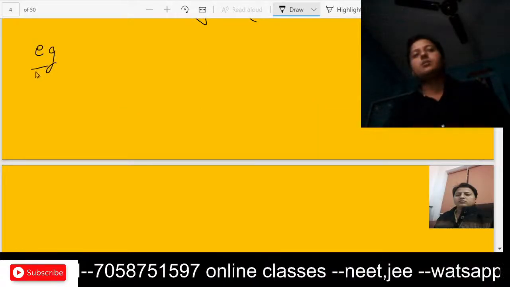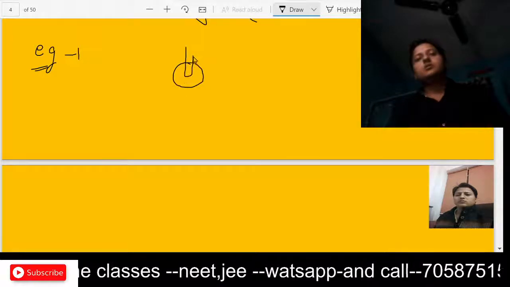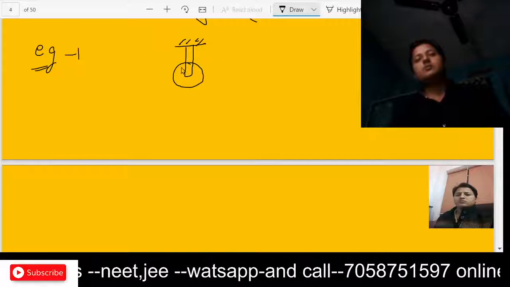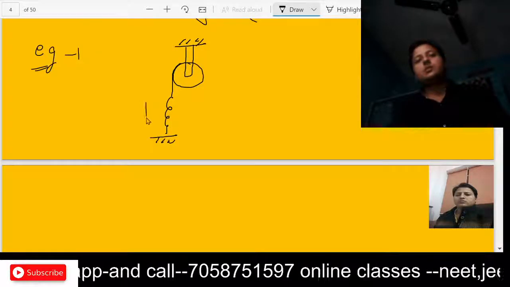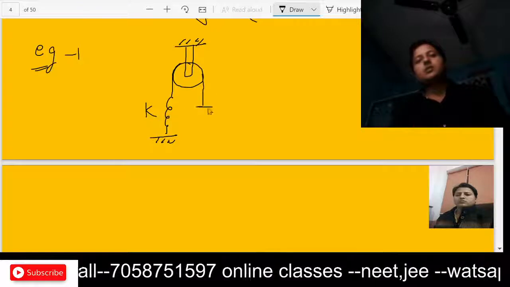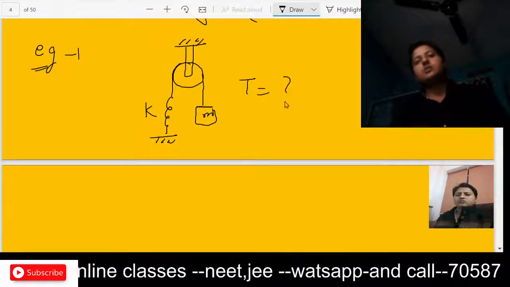Suppose in example 1 there is a pulley clamp and there is a spring having constant k and there is a mass. We have to find the time period of this system.